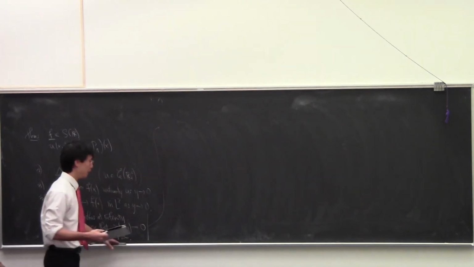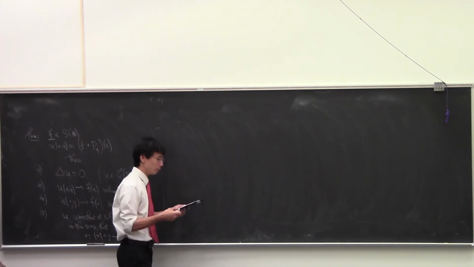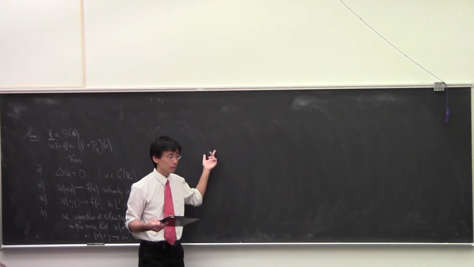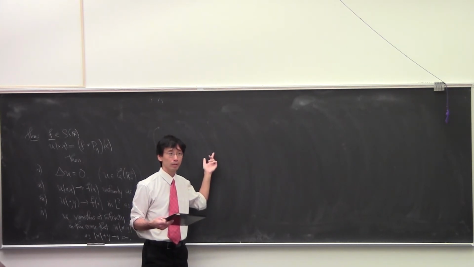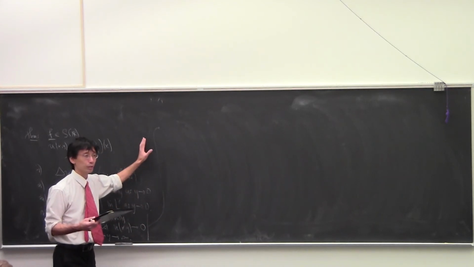So the proof of this last thing is along the lines of the bounds that we did last time to show that the function was in the Schwartz class uniformly. Okay, so it's the same sort of trick of dividing the integral into two parts.